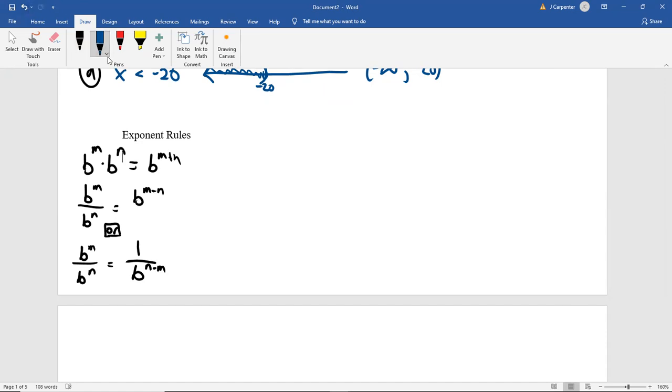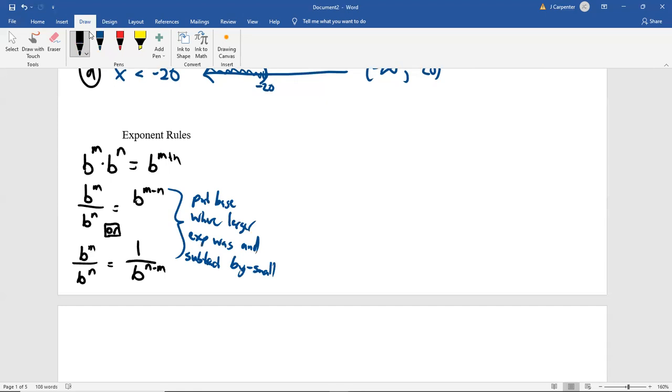And the idea between these two things is to put the base where the larger exponent is, or was, and subtract the bigger minus the smaller. That's the idea between the two versions of this rule. It's really only one rule, it's just two different ways you can do it.